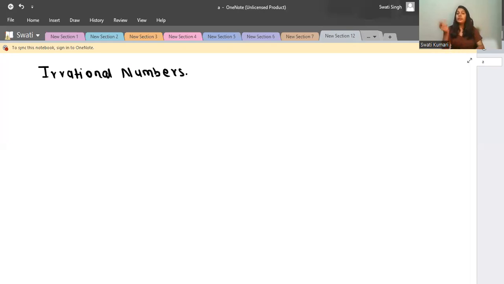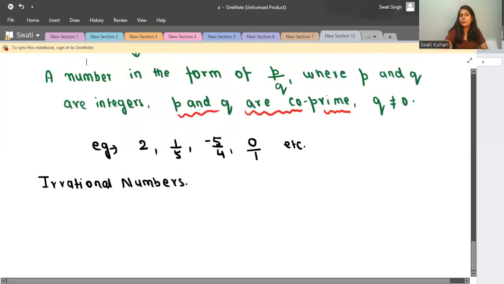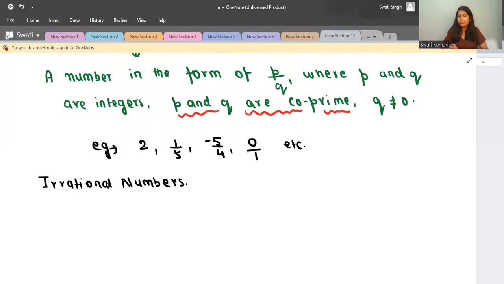In rational numbers we could write in the form of P by Q. Here in irrational numbers we cannot write in the form of P by Q, where P and Q are integers, they are co-prime, and Q is not equal to 0. The only difference in the definition of irrational number is that it is a number which cannot be written in the form of P by Q.